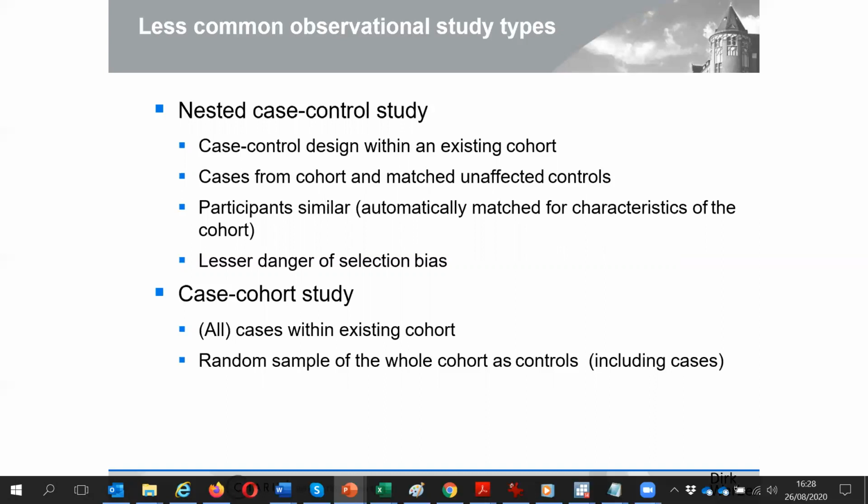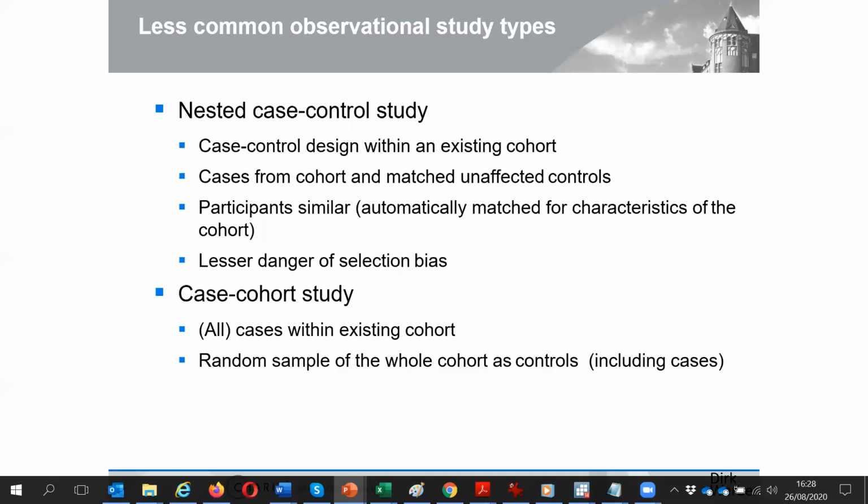Then, as you follow up your study participants, those members of the cohort who develop conditions, and that's the outcome, then become the cases, and then you can match them to the other parts of the cohort which are not affected. So we are using the same cohort which is being followed up.